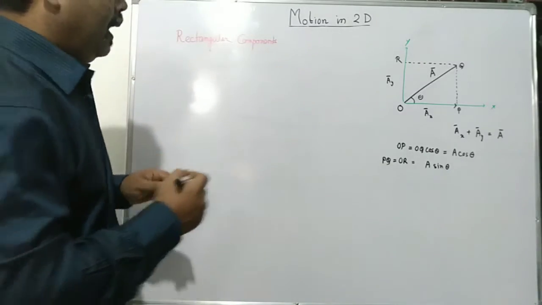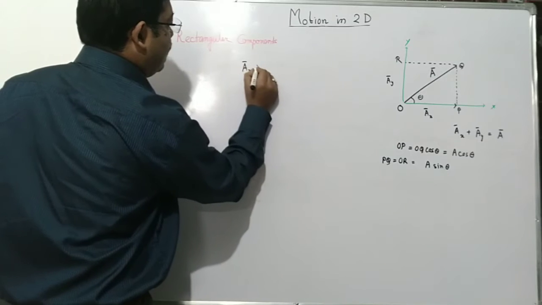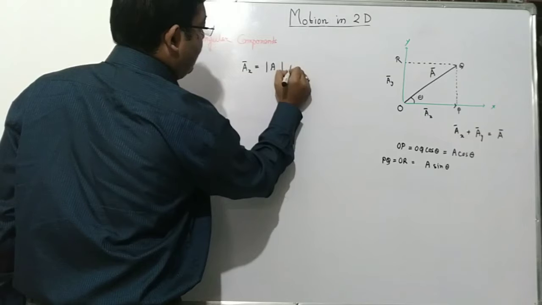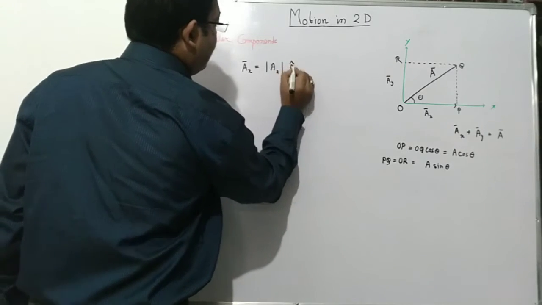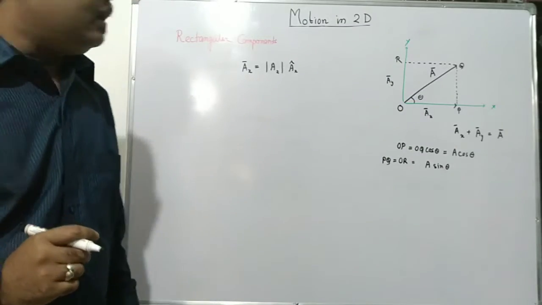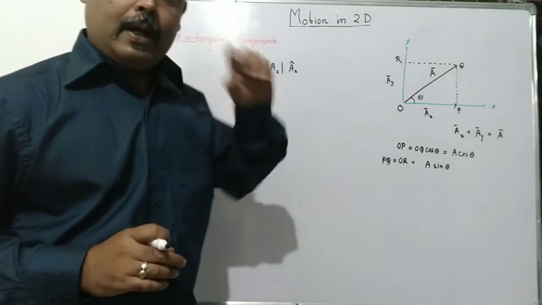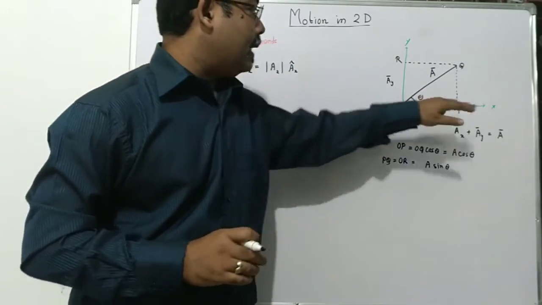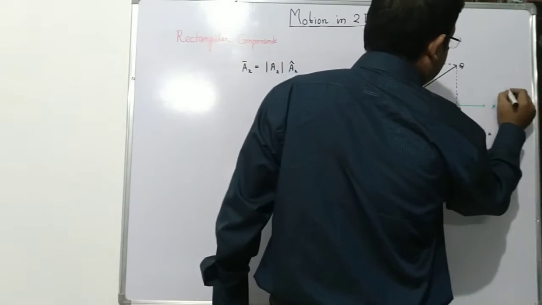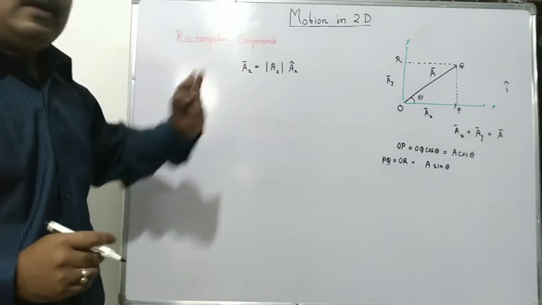Now any given vector AX can be given by its modulus multiplied by a unit vector in the direction of the given vector, right? Now conventionally the unit vector along the x-axis is given by I cap, I and the caret for the unit vector.